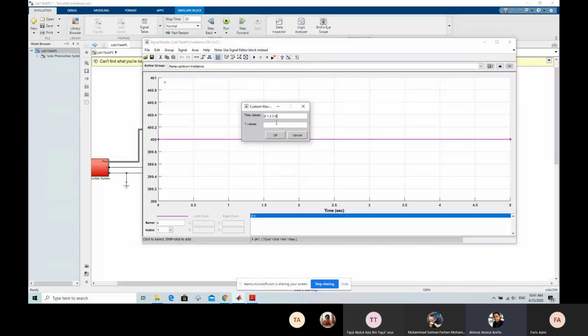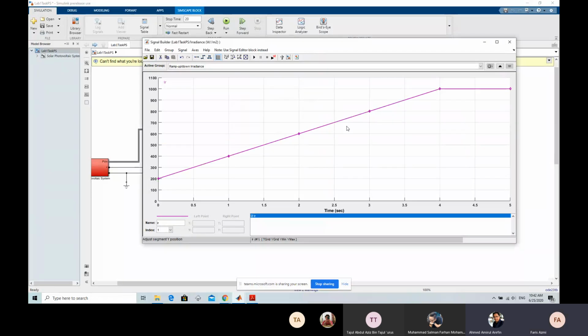Then you will get 5 values here. And then put here 200, 400, 800 and 1000. So you see the values: for 0 it's 200, for 1 it is 400. Just see the points. Okay, so the irradiance value is ready for you.